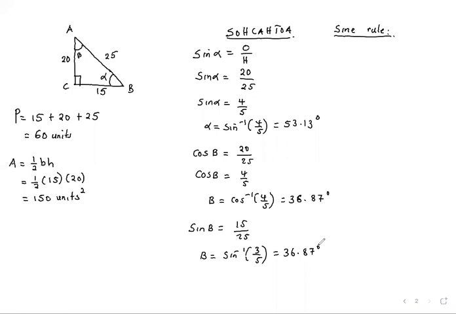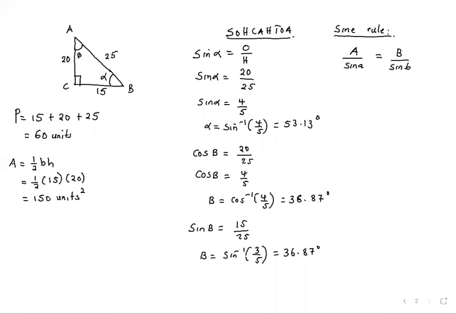Sine rule says if we have side A over its angle, it will be the same as side B over its angle. So we have an angle here which has the opposite side: 25, the side, and its angle is 90. So we can use it.